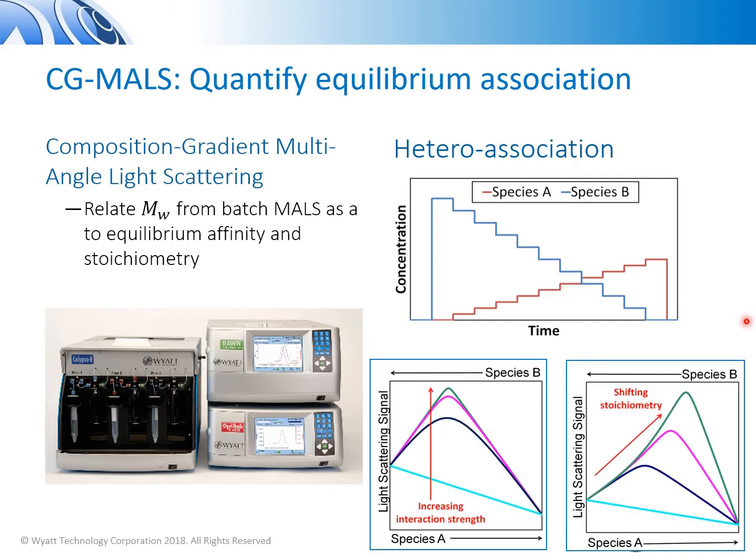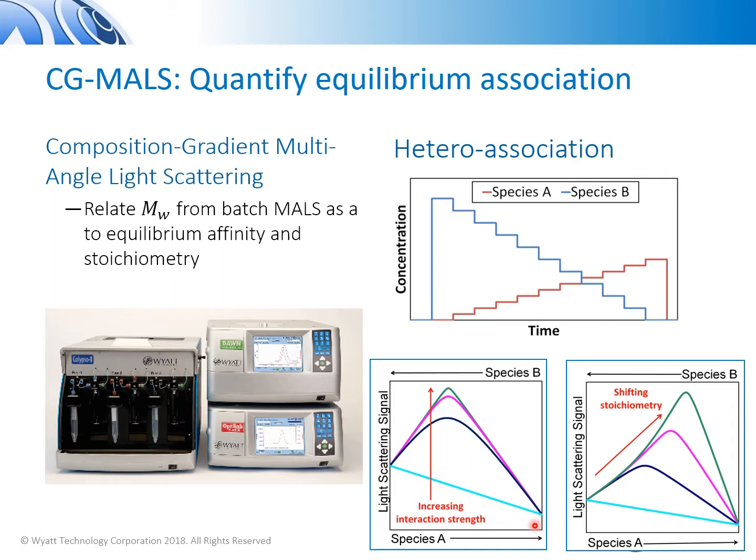The result is a characteristic curve, something like this. So here we have the light scattering intensity. On this left axis is the signal that we would see from pure species B. As we walk from left to right, we're decreasing the concentration of B and simultaneously increasing the concentration of A. If nothing happens, if these molecules don't bind, the light scattering intensity is just the weight average of the two species.